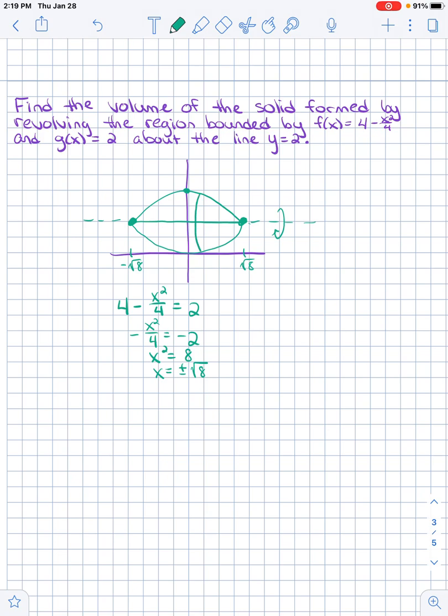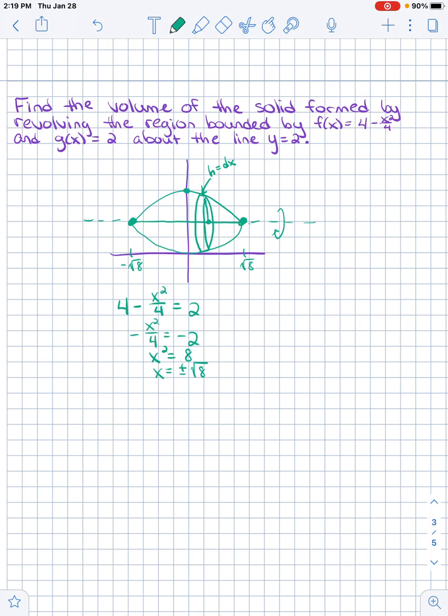All right, so let's finish this up then. Let's put in a representative cylinder from the top of the shape to the bottom of the shape. Now we have to be careful with the radius. The height is no big deal. It's a vertical line, some change in x. The radius, though, is a little bit different.